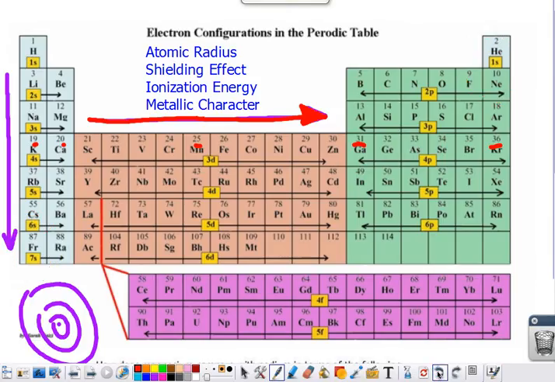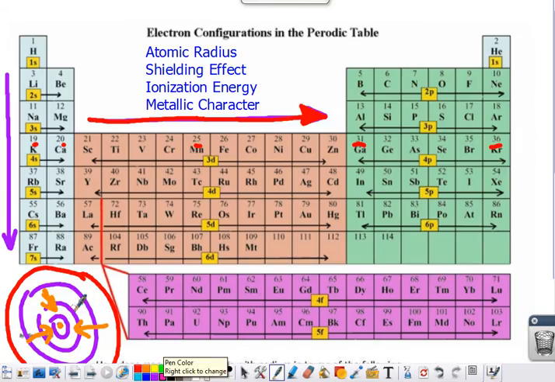So that's atomic radius. What is shielding effect? Shielding effect is the effect that these electron rings have on the outside. So say this is the outside, and you have the nucleus in there. The nucleus pulls on all these energy levels, and it's pulling them in, and pulling them in. But the energy levels themselves repel each other.